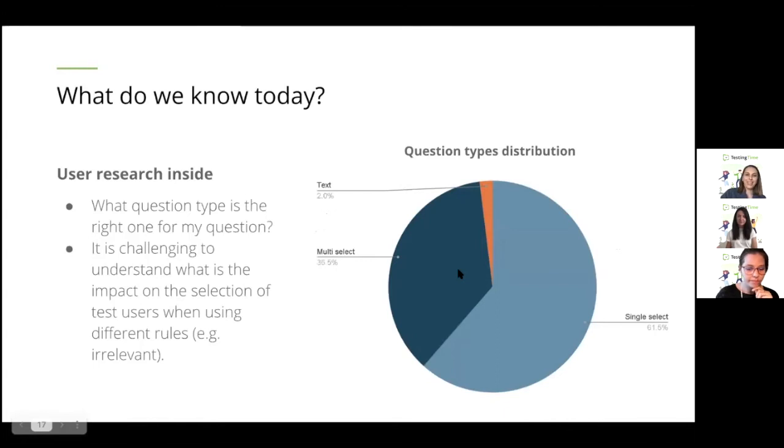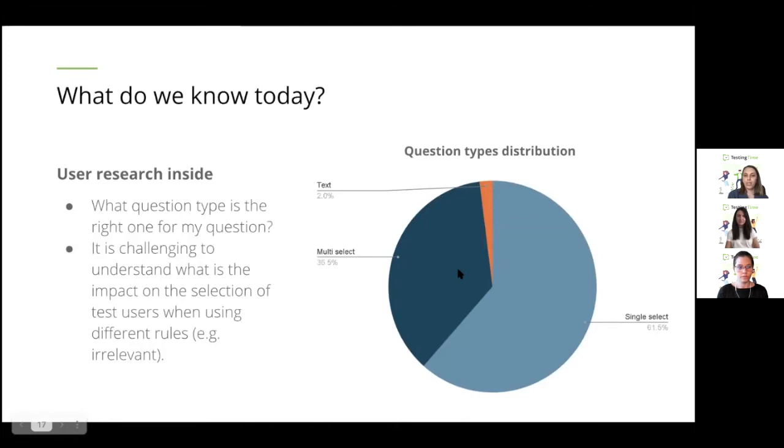Okay, thank you, Celine, for those great tips when it comes to question types. And let me now share with you what we know today about our customers and how they use the question types. If you look in the graph on the right side, you see that most of our customers are using single select today, which is 61.5%.